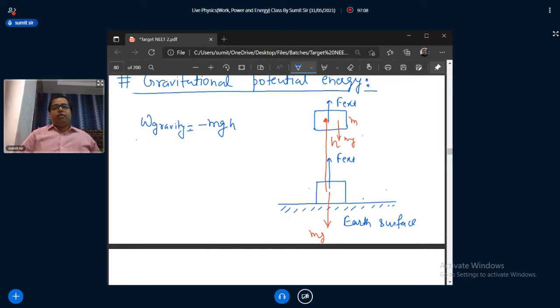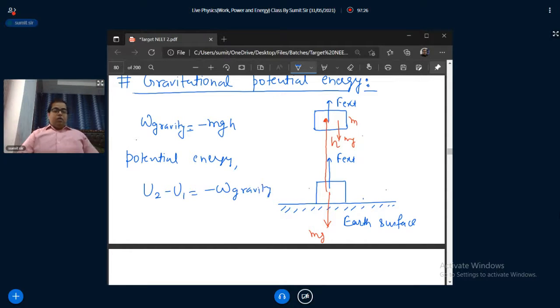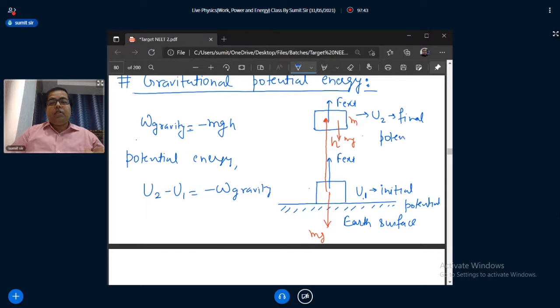Now, what is potential energy? How we calculate it: U2 minus U1 is equal to minus the work done by gravity. This is how we calculate. Here U1 is the initial potential energy, and here U2 is the final potential energy.